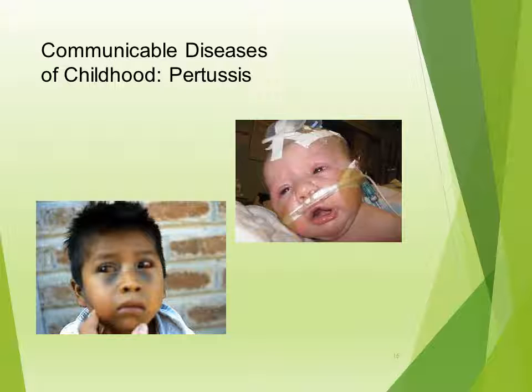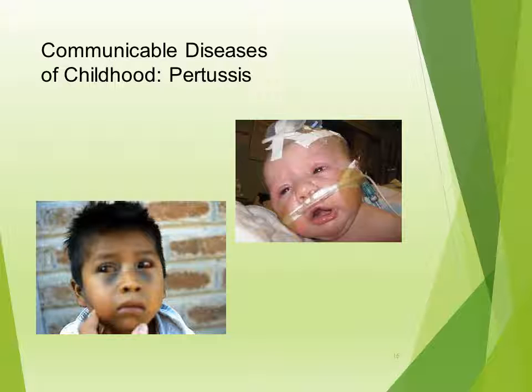Infants present with gagging, coughing, and vomiting, and also with periods of apnea. Remember, they do not whoop. Older children present with the classic intense coughing and then the sound of the whoop as they inspire. It can be brutal coughing that causes a lot of damage to the body.